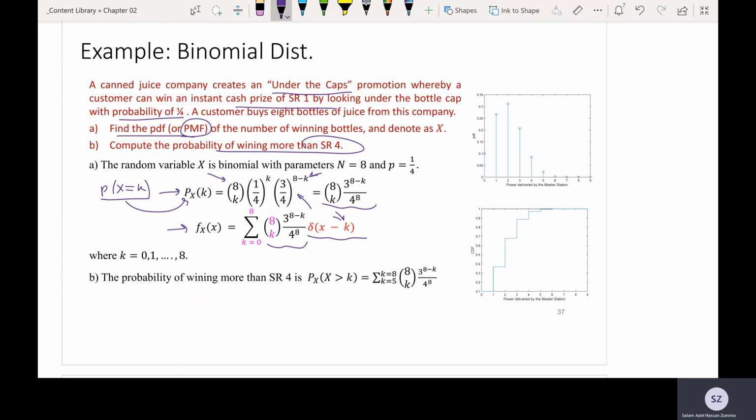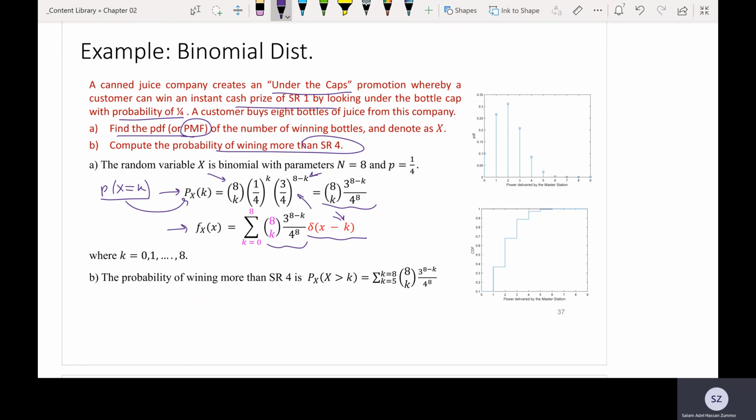What is the probability that you win more than 4 reals? How to find it? More than 4 reals, not equal to 4 reals. Equal to 4 reals is the probability that x equals 4, which is 8 choose 4 and so on.